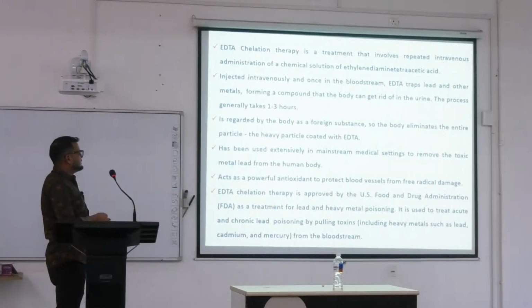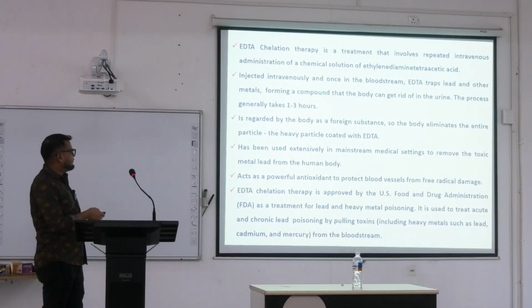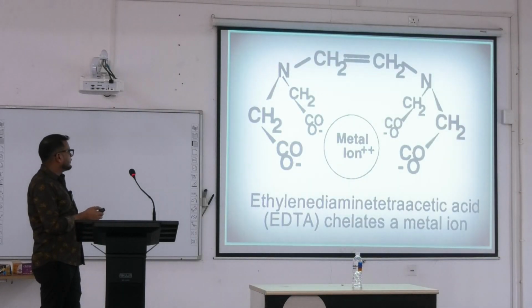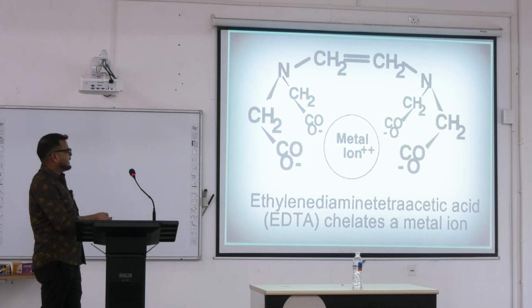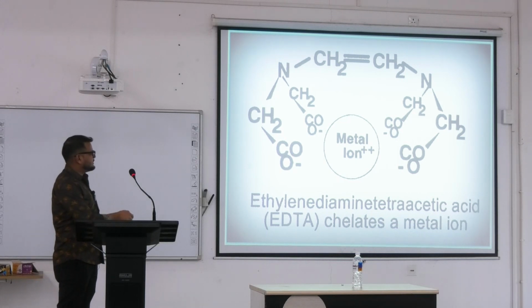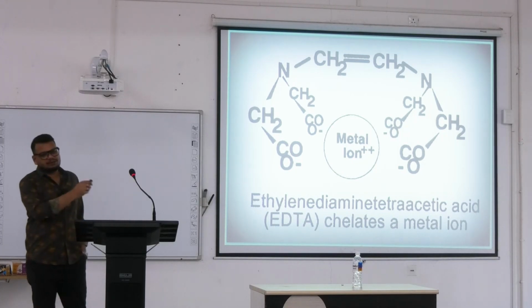So this is the function of a chelating agent. You see the metal ion, and it is blocked by various hands of the chelating agent. So that is a chelate, and this is the chelate metal complex.